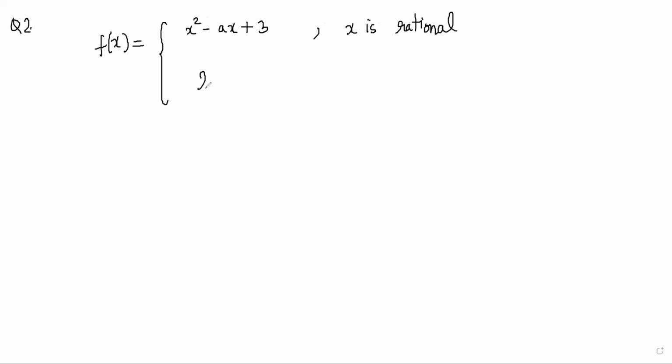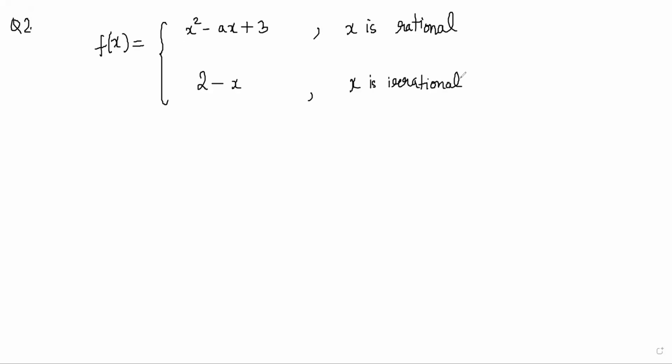The second one, question 2. One second. Function f(x) is defined as x square minus ax plus 3 if x is rational, and it is 2 minus x if x is irrational.